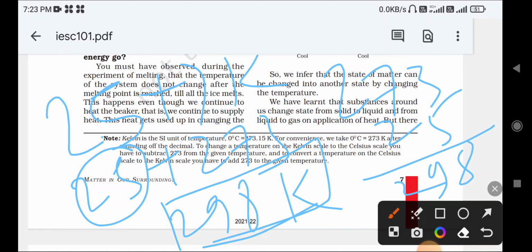This is the method to convert 25 degrees Celsius into Kelvin scale.